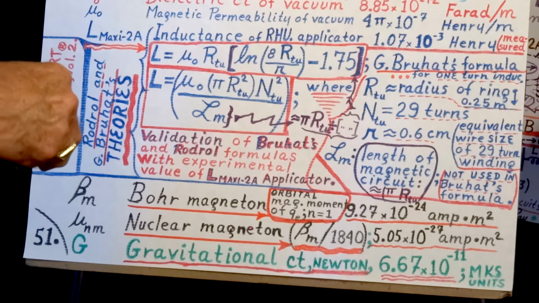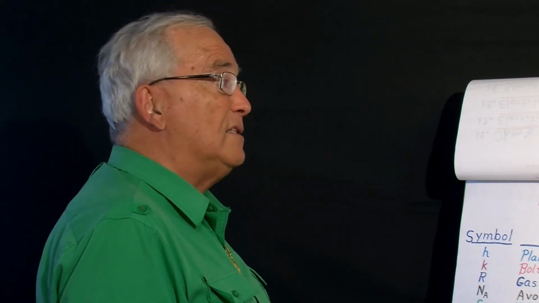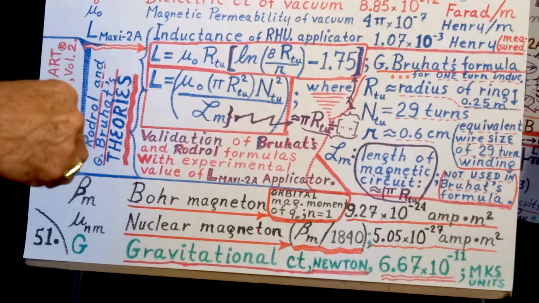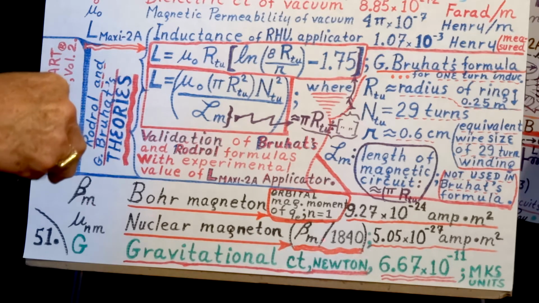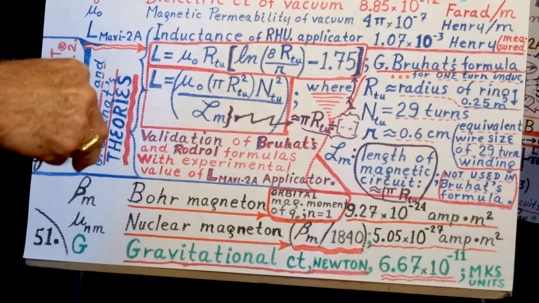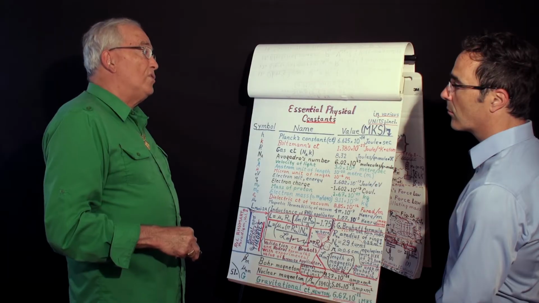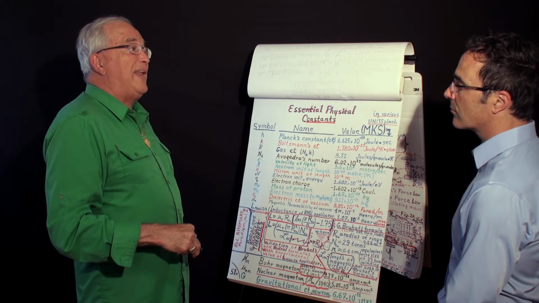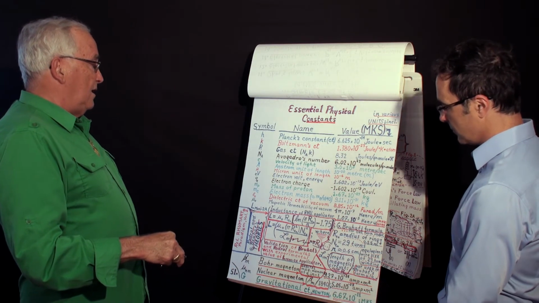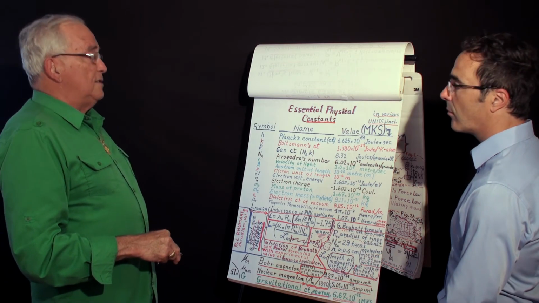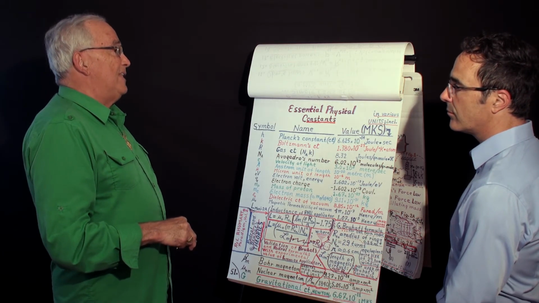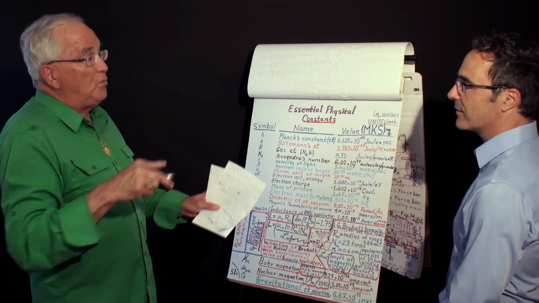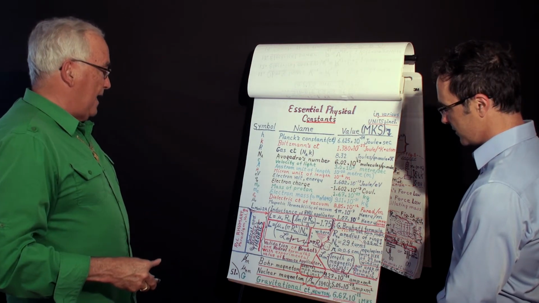And the nuclear magneton, which is used in nuclear magnetic resonance systems, for instance for medical imaging, is defined as the Bohr magneton divided by 1840, which is the ratio between the mass of the proton and the mass of the electron. The mass of the proton is like the sun, and the electron like the planets. The electron has about 2,000 times less mass than the proton. So that's why one goes around the other. If they had equivalent mass, both would be turning around each other.